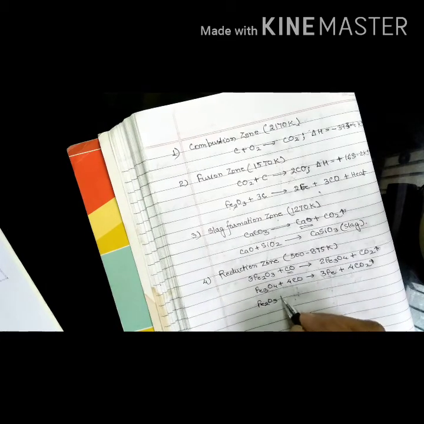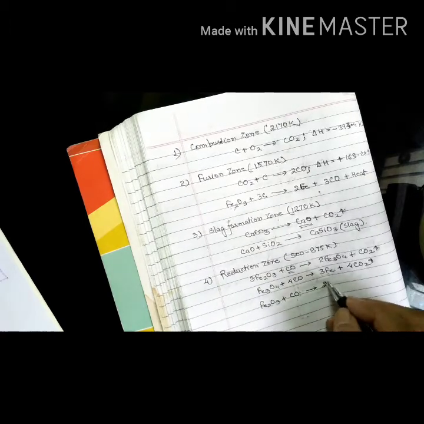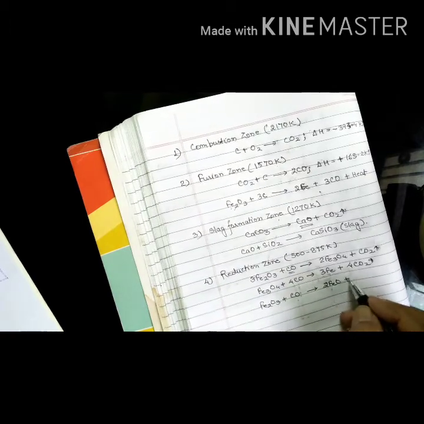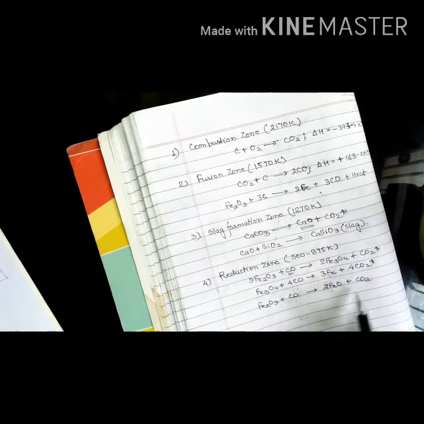Fe2O3 plus CO gives 2 FeO plus CO2. Here spongy iron is produced.